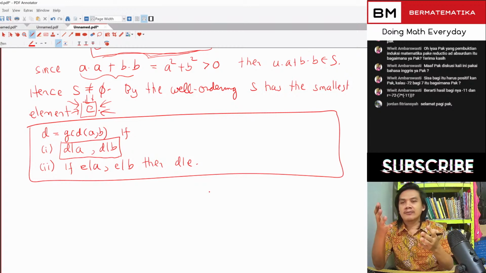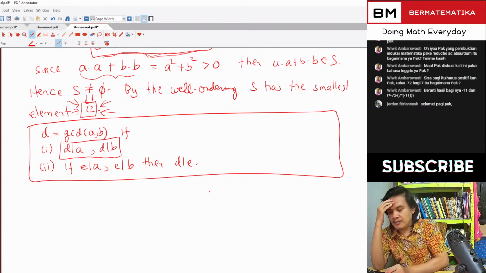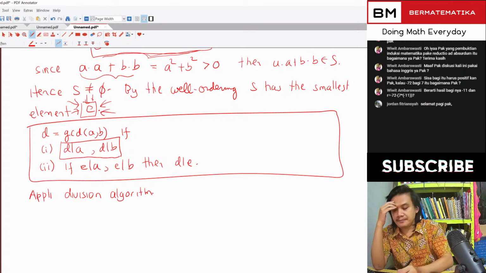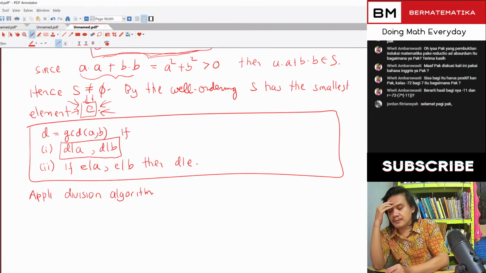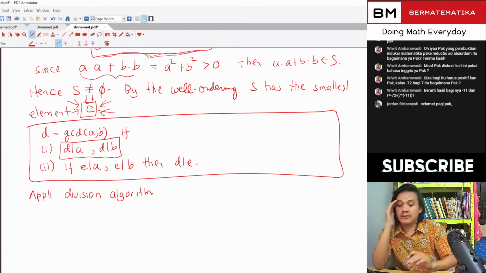Apply the division algorithm to A and C. So write A as QC plus R, where R is greater than or equal to 0 but less than C. Okay.